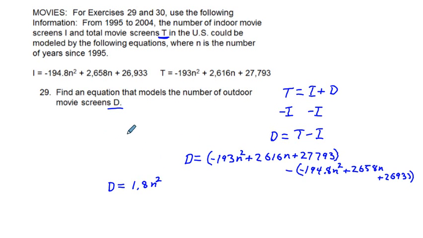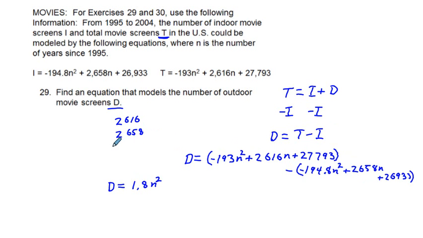So this will be 2,616 minus this 2,658. Let's make sure that's right. Yeah, it's a minus there.